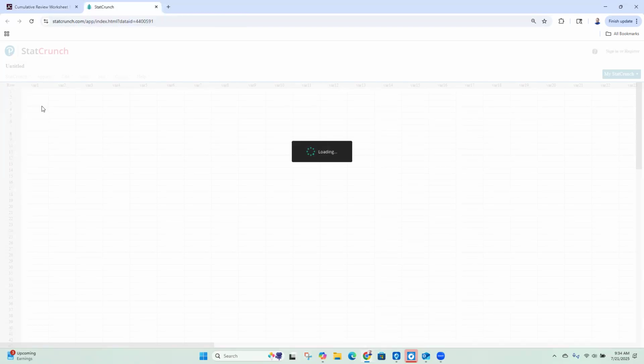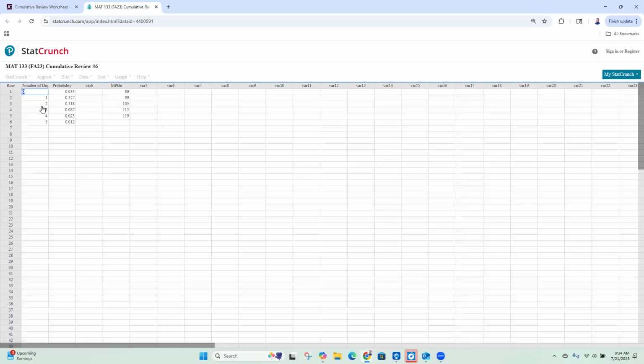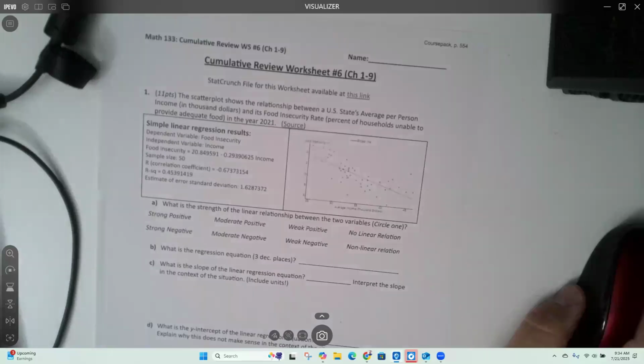Once StatCrunch loads, make sure you sign in or register. There we go. Like I said, it's not that big. It's only 15 or so numbers. But I'm gonna jump back over to the worksheet for now.